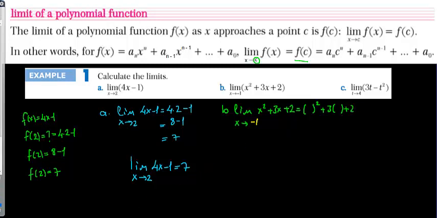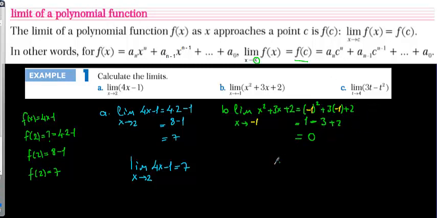We replace the minus 1 value here. That is 1 minus 3 plus 2. 1 minus 3 is equal to minus 2, plus 2 is equal to 0.